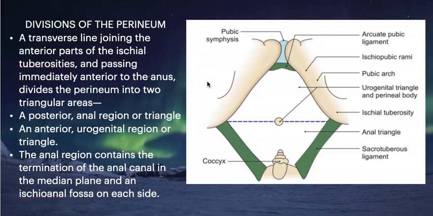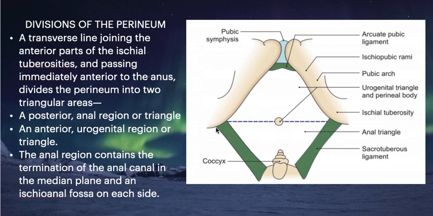Now, for our better understanding, we are going to divide the perineum into two parts, right? There is a transverse imaginary line joining the anterior part of the ischial tuberosities, and it is passing immediately anterior to the anus and is dividing the perineum into two triangular areas. One triangular area is this and the other one is this.